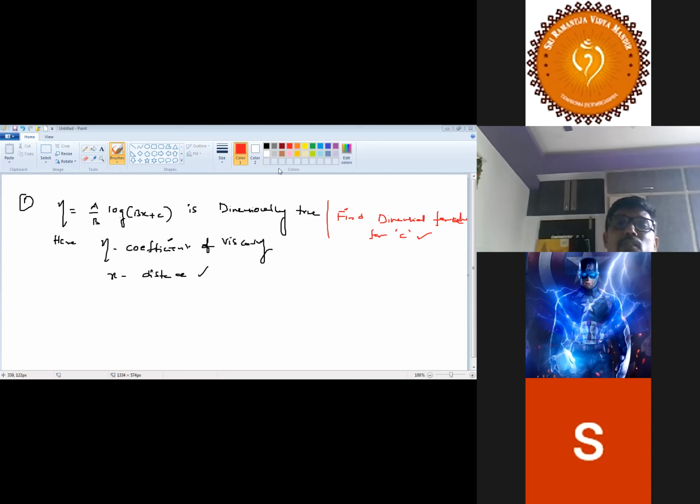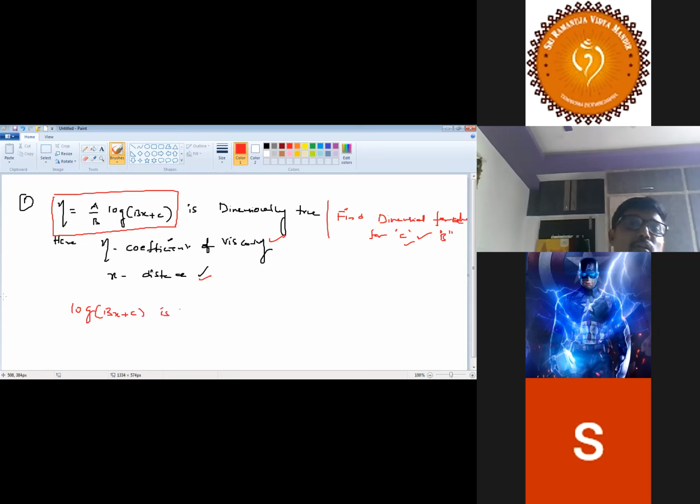The equation given is eta is equal to a by b log of bx plus c, which is dimensionally true. Eta is the coefficient of viscosity and x is the distance. Find the dimension formula for C. Of course, you can find B also. Okay, so the logarithm of bx plus c is dimensionless.